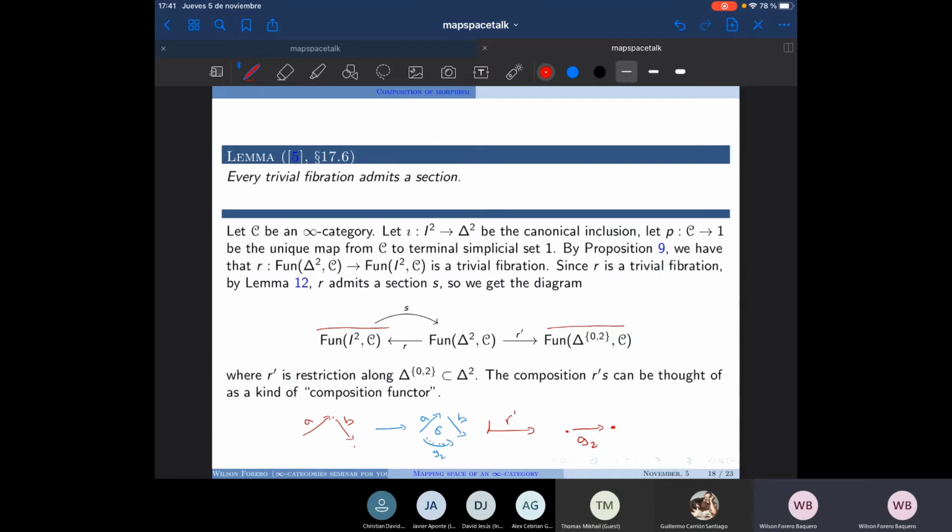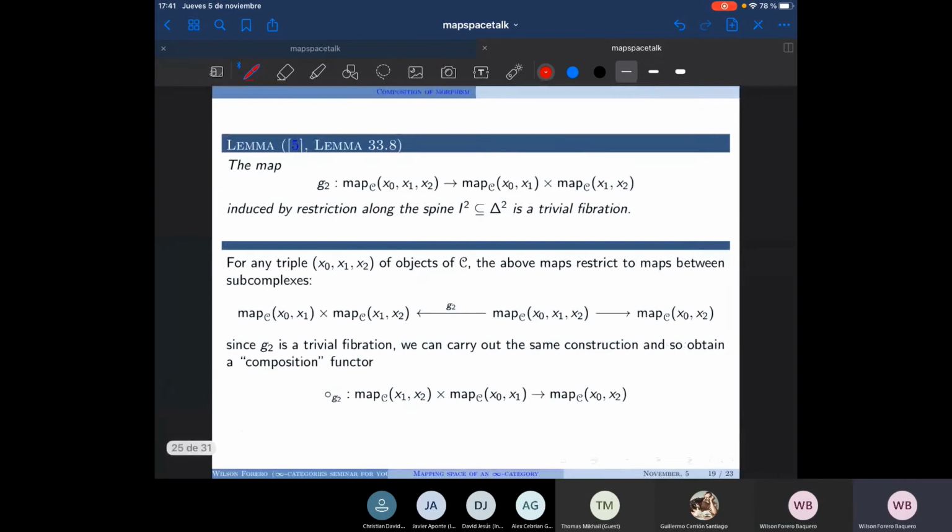Any question at this point? Was everything clear? I suppose yes, so I continue. Now, the previous construction was a general construction.